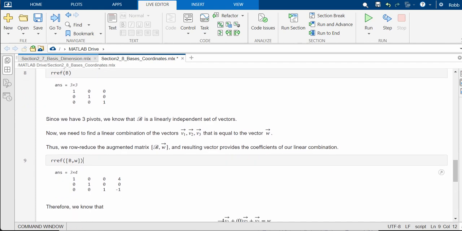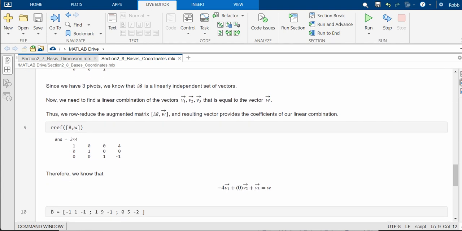We still have our 3 pivots, but notice what we have here. Again, we have the coefficients of the linear combination of vectors v1, v2, and v3 that is equal to the vector W. All right, let's get rid of the ink and scroll up just a little bit.